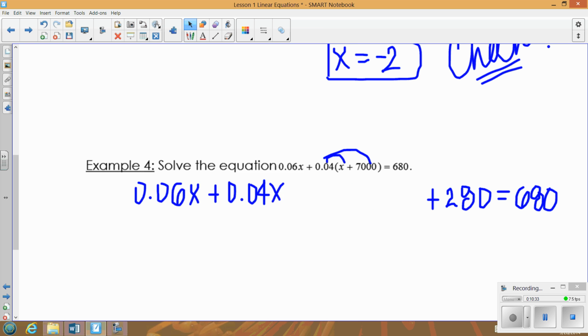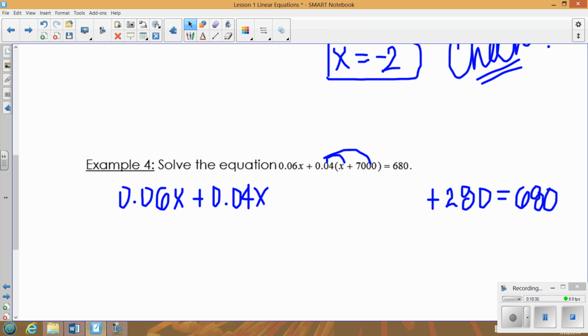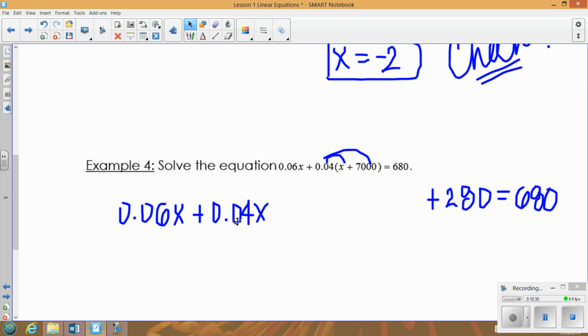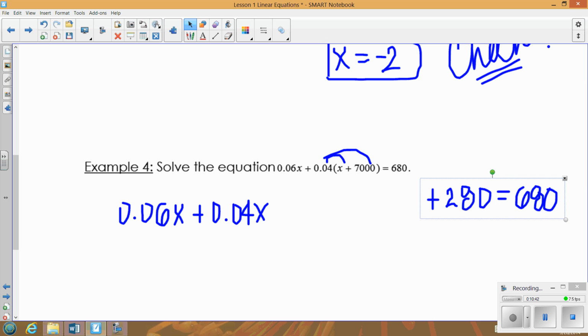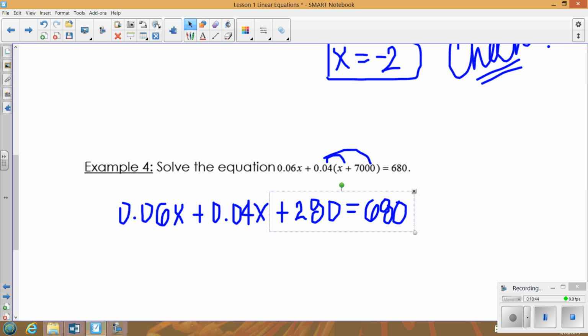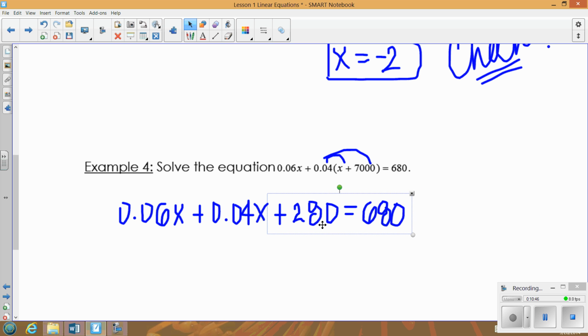So I'm going to just move this over so I give myself more space. So now we still have an equation that has some pretty small numbers, and then we have some big numbers at the end. But the goal here is to show you a way to get rid of these decimals.